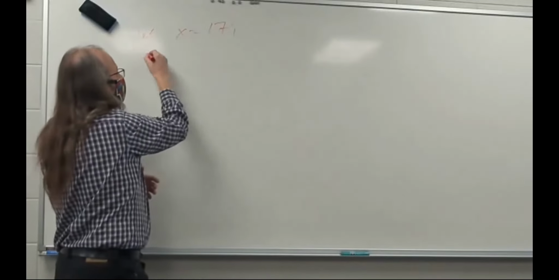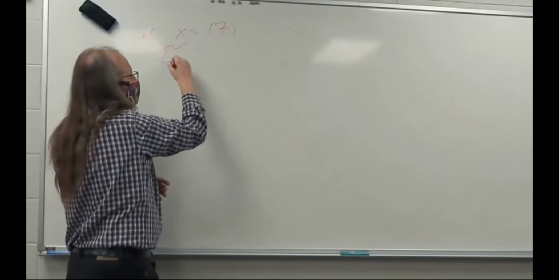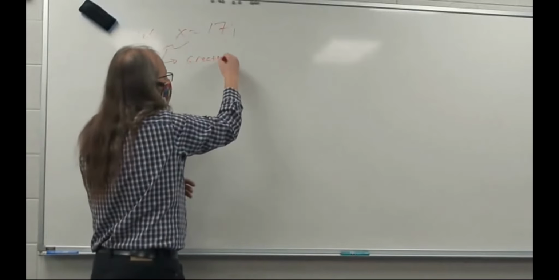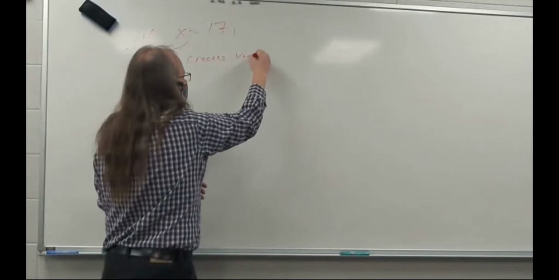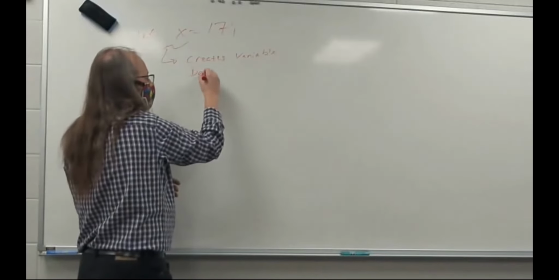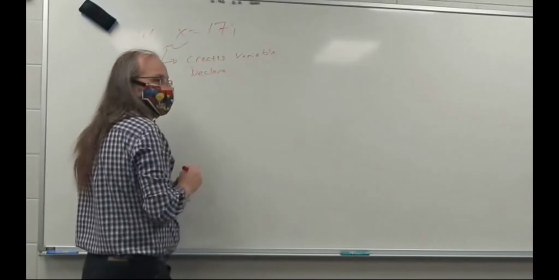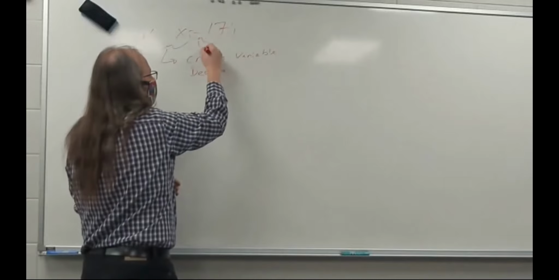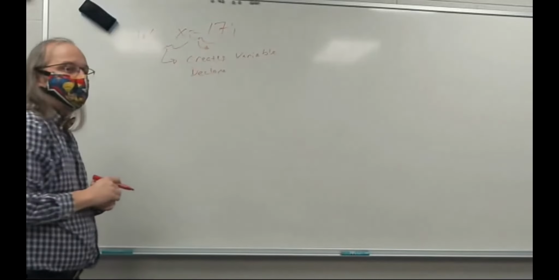Where this statement creates the variable. The nerd word would be declare the variable. And then when we do the gets 17, we are giving the value.